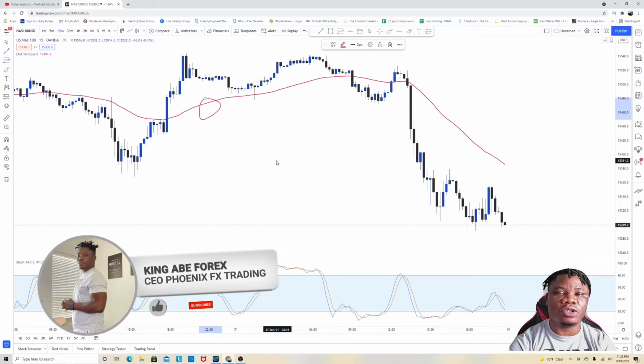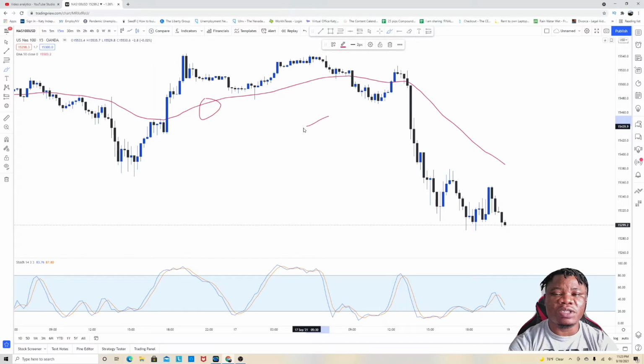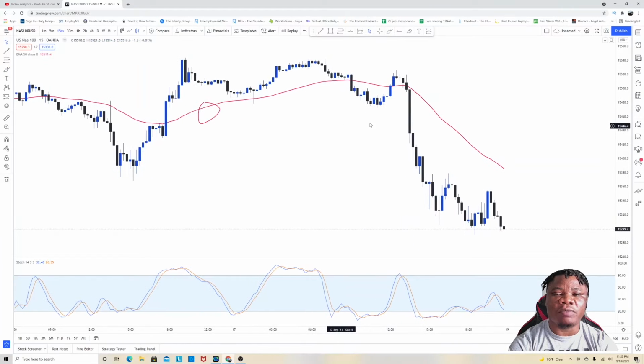Now I'm going to be showing you guys a buy example and a sell example. If we have a good look at this sell here, before we get in a sell position, we need price to be below the 50 EMA.